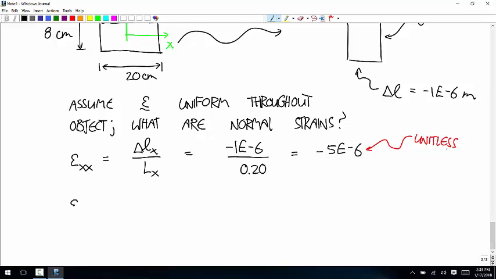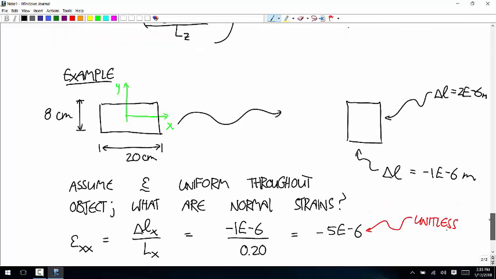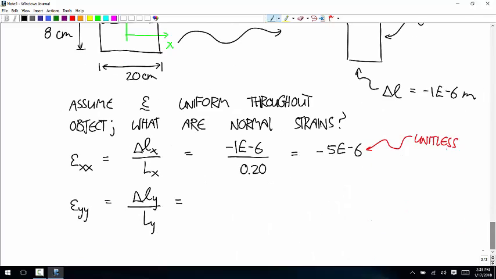And then in the y direction, epsilon yy is the change in the length along the y-axis divided by the initial length along the y-axis. So that is positive 2 times 10 to the minus 6 divided by 0.08.